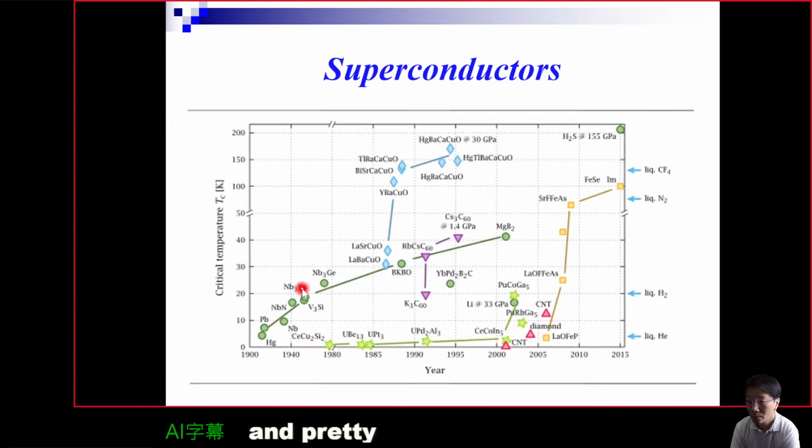And nowadays, we still use niobium-3 tin as a superconducting wire because it's an alloy, which is easy to make into a long conducting wire, and it also has a very large critical magnetic field, so it can carry a very high electric current.